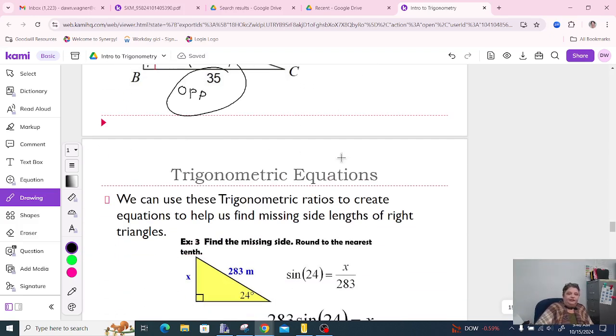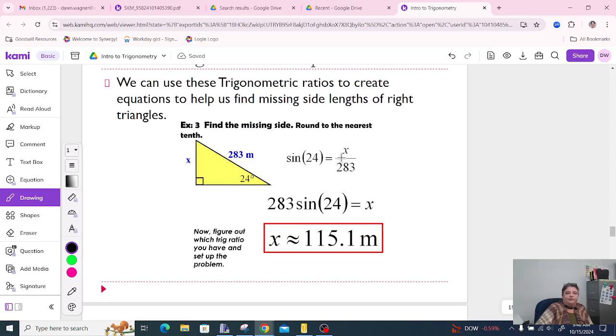Okay. So we're going to be setting up cross multiplication again. We've been doing that an awful lot lately. And it's always from the angle measure that we label. So like if I was to do this one, here's the angle measure, right? I would have labeled opposite. I would have labeled hypotenuse. And then I would have labeled this as adjacent. Now, let's say I didn't see that it was sine. They don't usually tell you which one to use.